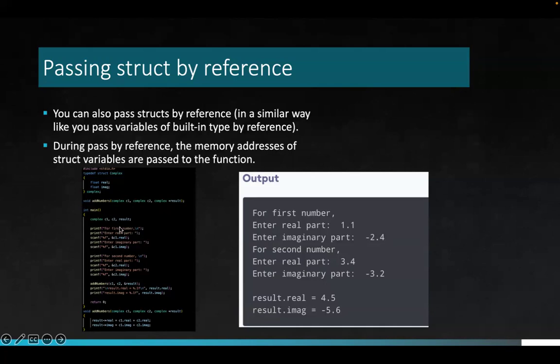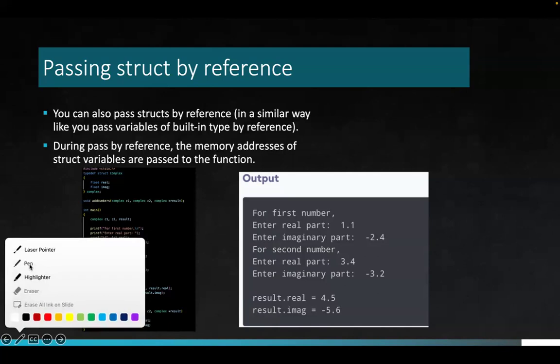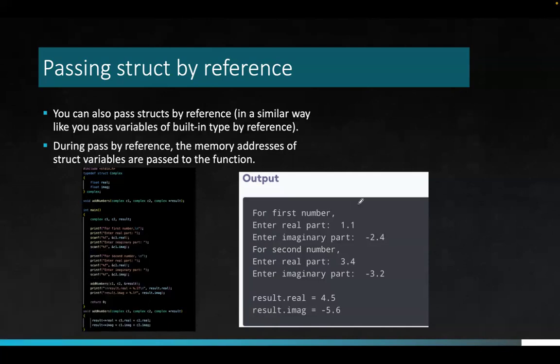For these structures we need to create data, so that data we are asking from the user. For the first number, enter the real part, enter the imaginary part. For the second number, enter the real part, enter the imaginary part. Once it is entered, we'll see how we are storing c1 data.